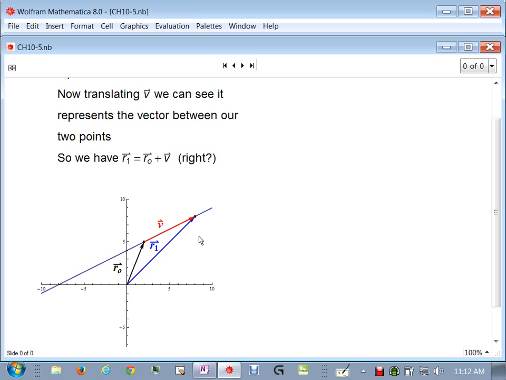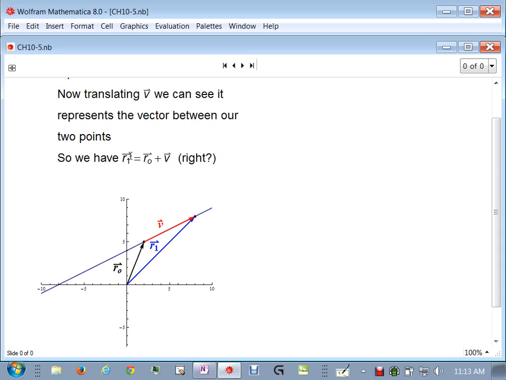The line is all the points, all the ordered pairs. V is not all the points. So does everyone agree with this? Now, do you agree with this? R1, which is this vector, is what you get when you take R naught and you add it to V. So tip to tail: take the tip of R naught, add it to the tail of V, and you get this result. So R naught plus V would get you to this point.